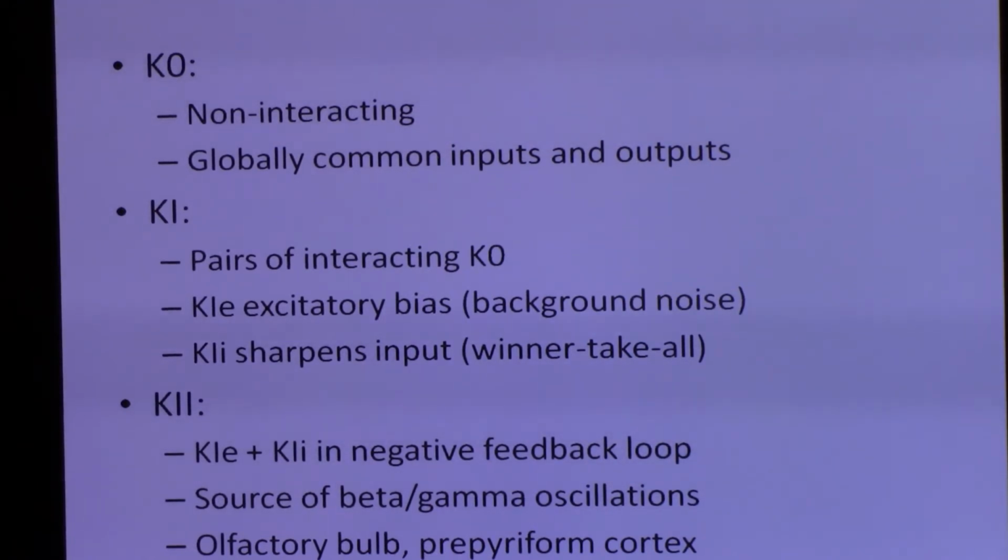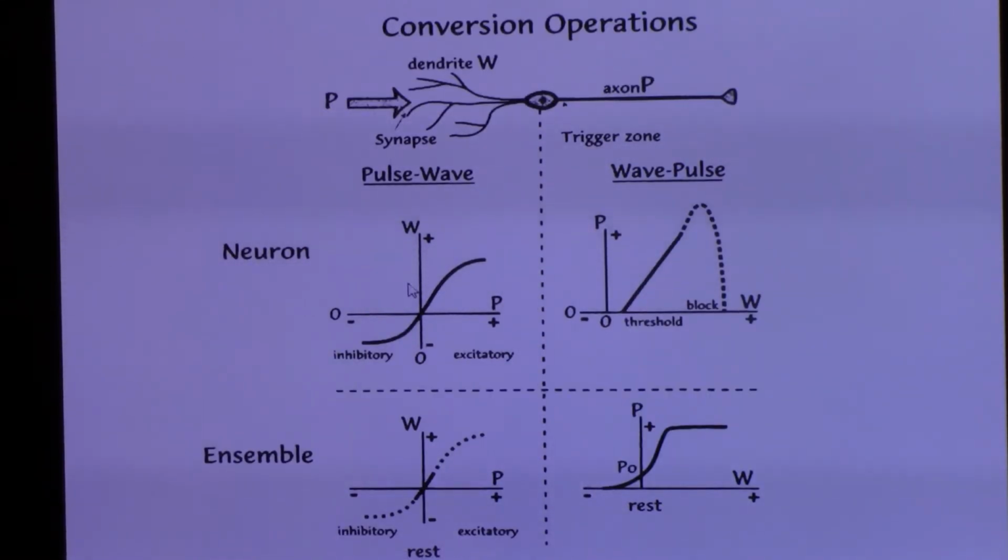Now a K1 is just built up out of pairs of interacting K0. And the K1 excitatory is the background noise. Freeman claims, and this is not something that the mainstream neuroscience community has gotten wise to, I believe, or maybe it's starting to happen, but if we go back here and we look at this saturation level that occurs, you don't need inhibition to keep the brain from going into a seizure state.